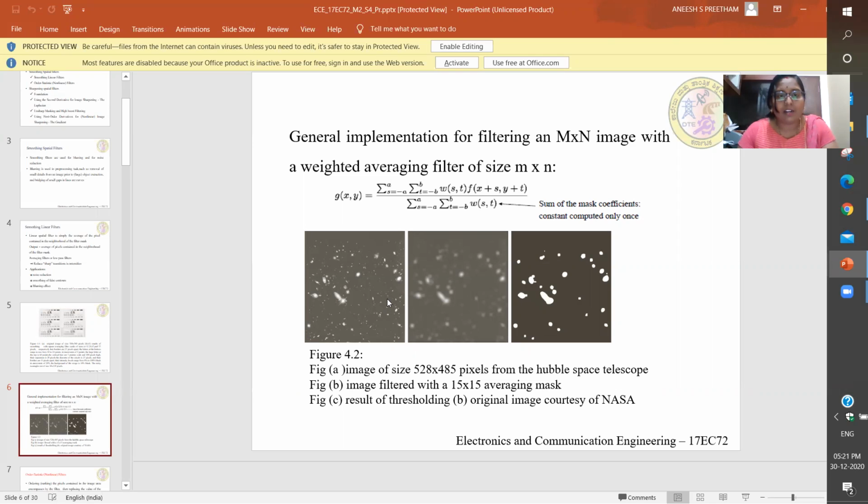Why do we need thresholding? To eliminate the objects based on their intensity.